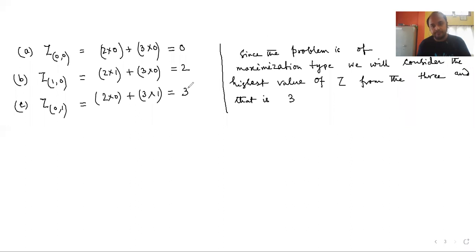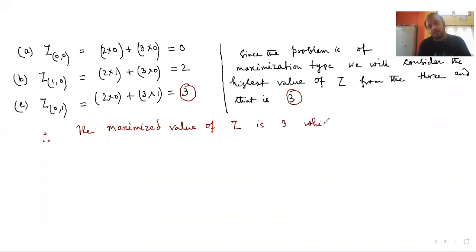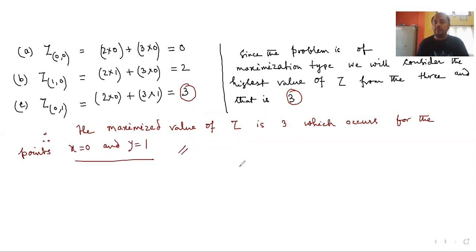This one is the highest value, and therefore the maximized value of capital Z is 3, which occurs for the points x equal to 0 and y equals to 1. And you are done with your problem.